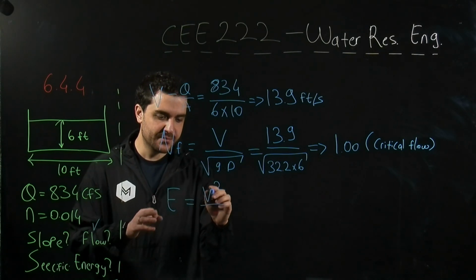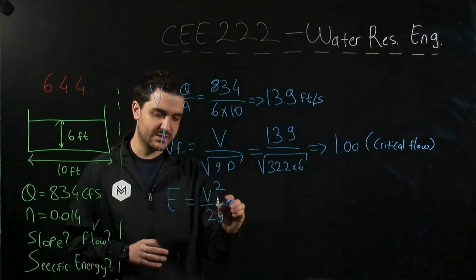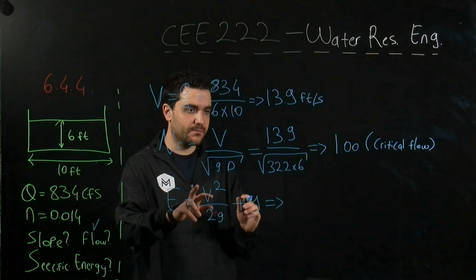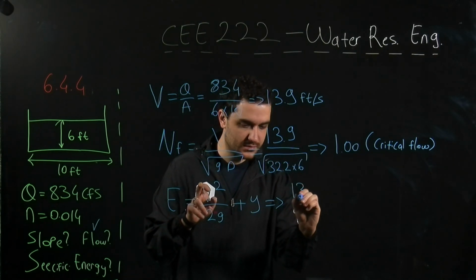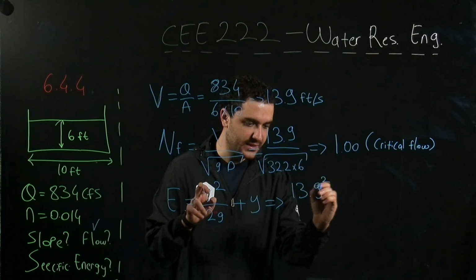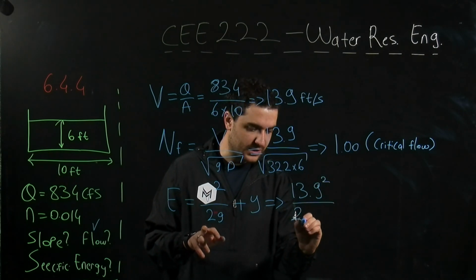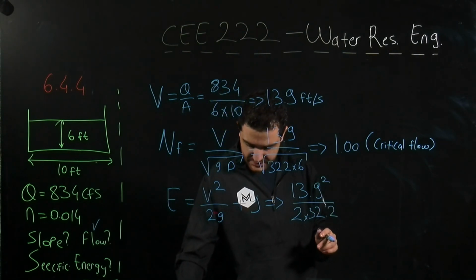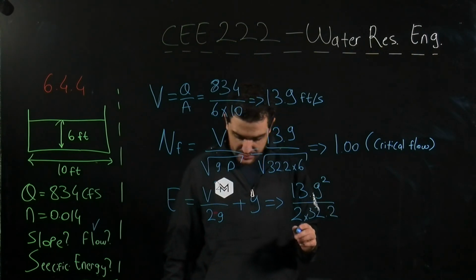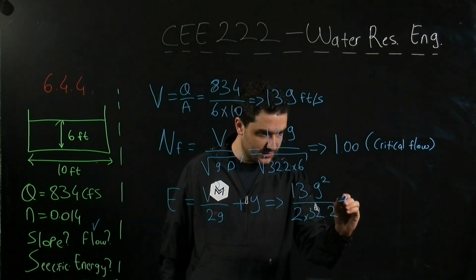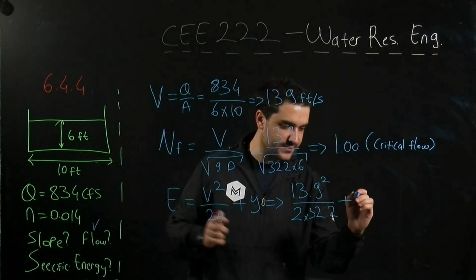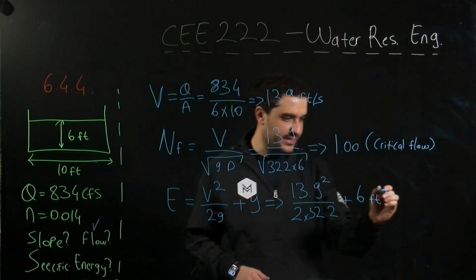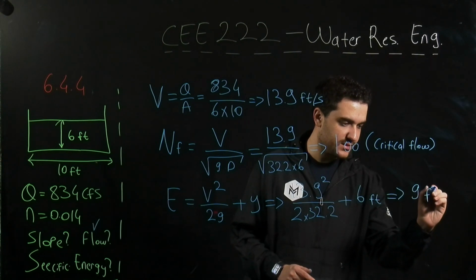Specific energy is actually v squared over 2g, which is velocity head, plus the depth. So we have velocity here, which is 13.9 squared over 2 times 32.2 feet per square second, and we have depth here as 6 feet. This gives 9 feet of specific energy.